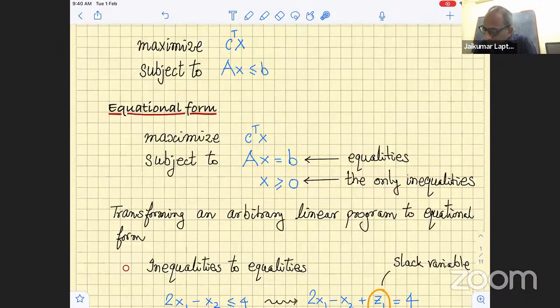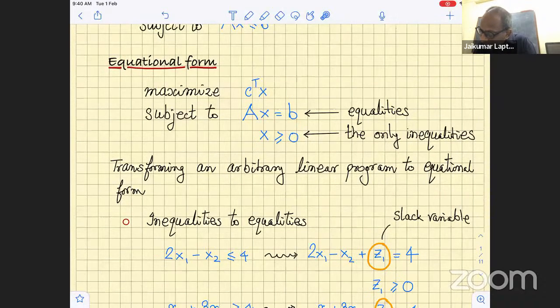Suppose we have managed to put it in equational form, but some variables are still left unconstrained. For each of those variables xi, replace the occurrence of xi by yi minus zi in that equation. So xi is out. Similarly, if xi appears in the objective function, you again replace that xi by yi minus zi, open the brackets so that it looks nice.